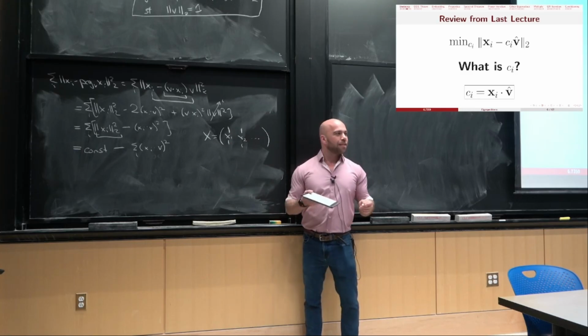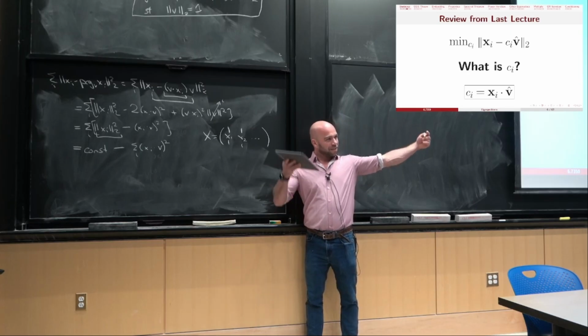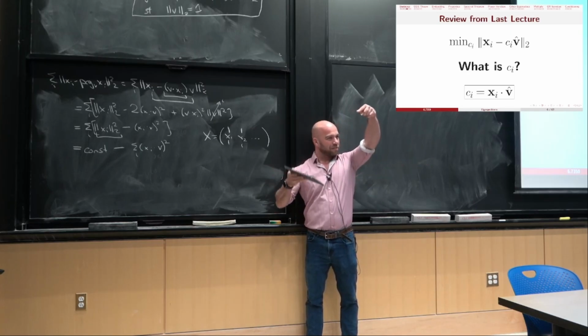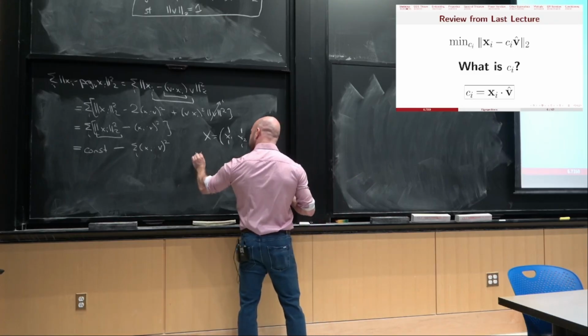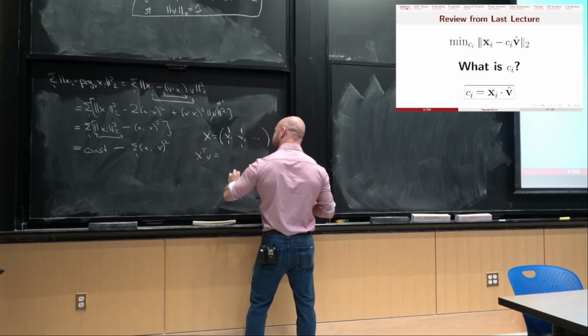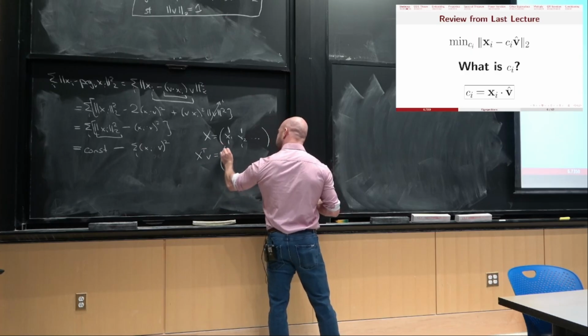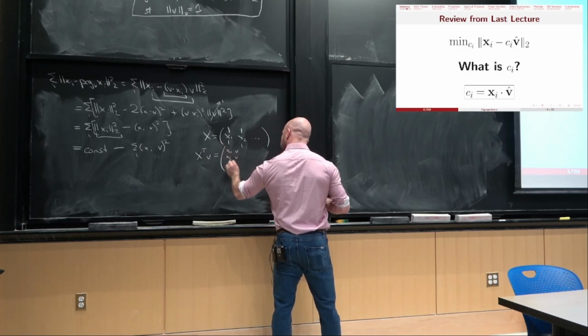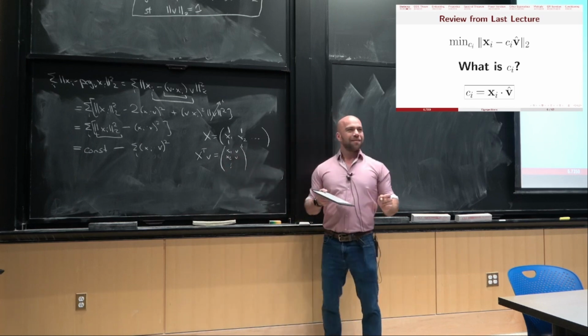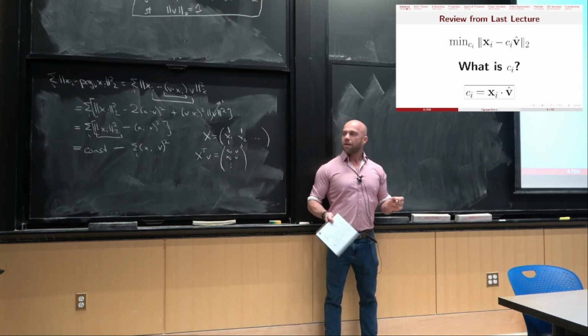Well, remember we had this nice version of dot products where I go this way across the rows of a matrix and down v. So notice, what is x transpose times v? Well, this is a vector where you have x1 dot v, x2 dot v, and so on. Does that make sense? Okay.